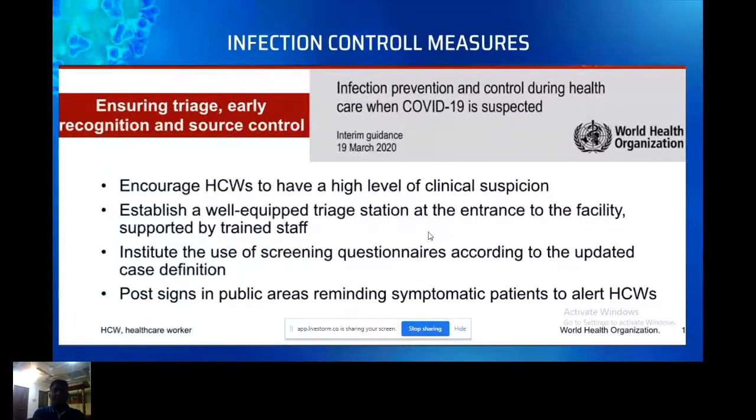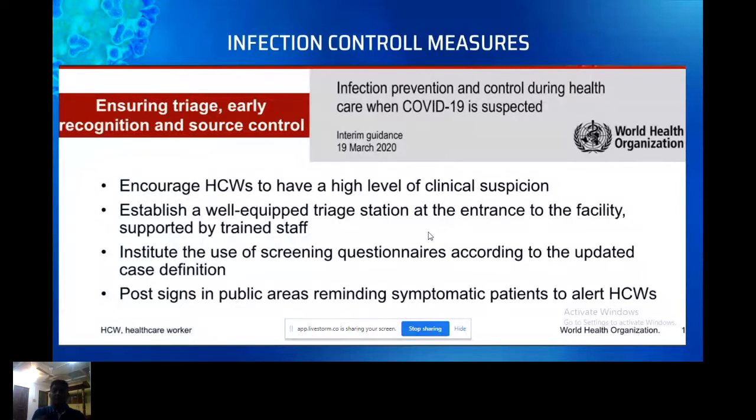Establish a well-equipped triage station at the entrance to facilitate the support of the trained staff. And there have to be institutional guidelines. Every dental clinic should have its own guidelines. As I have mentioned, the questionnaire also, you can prepare according to your needs. And we should have posted signages in the public areas, especially in the reception areas. One I have shown you in my previous slide; we can have such types of signages.